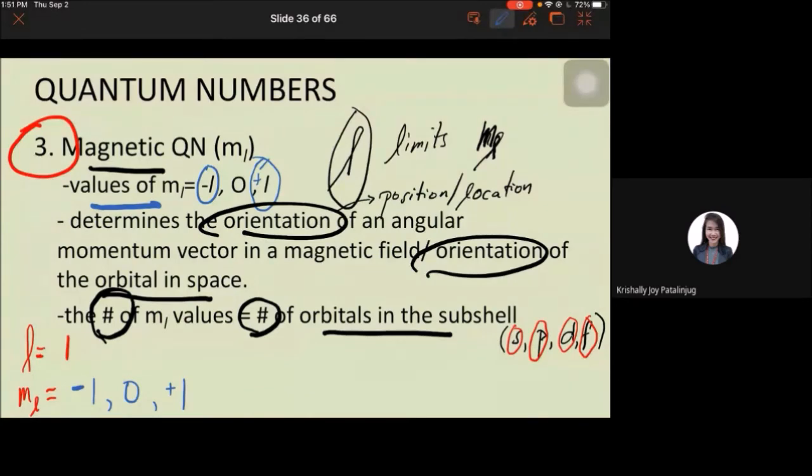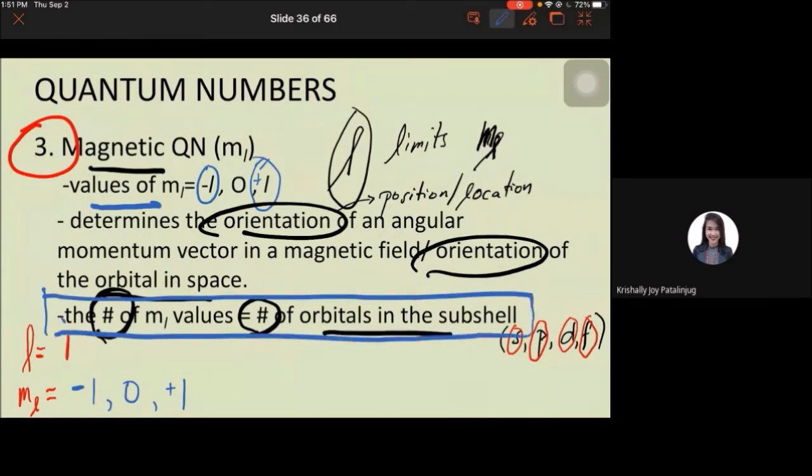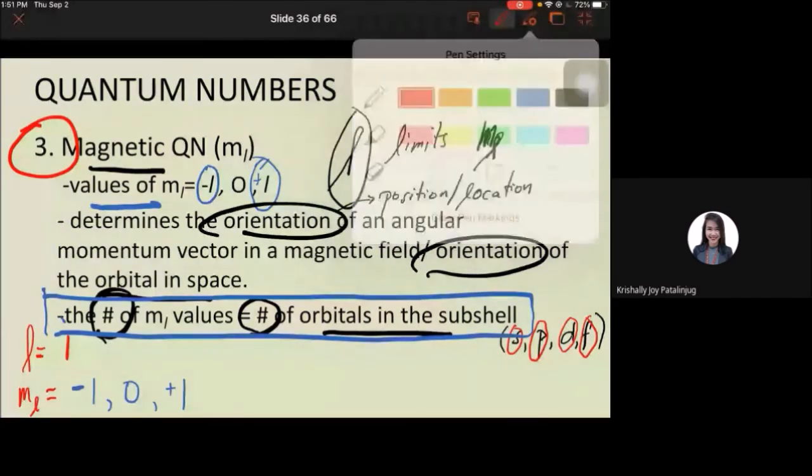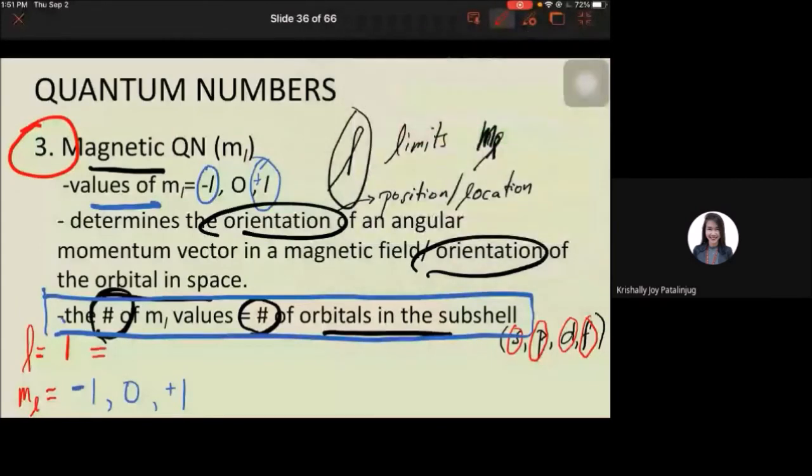Now, sabi dito sa last bullet, kung ilan yung numbers ng M sub L values na nakuha mo, yan yung equivalent number of orbitals in the subshell. Question, anong subshell ko na dinedescribe ng L is 1? SPDF. L is 1.